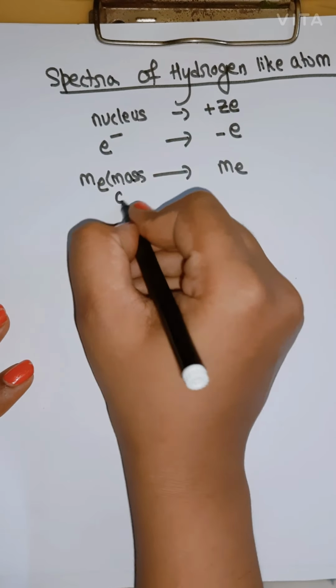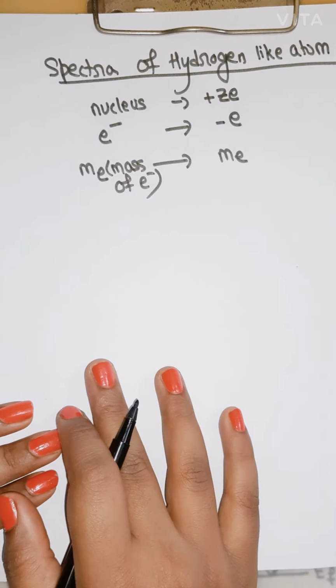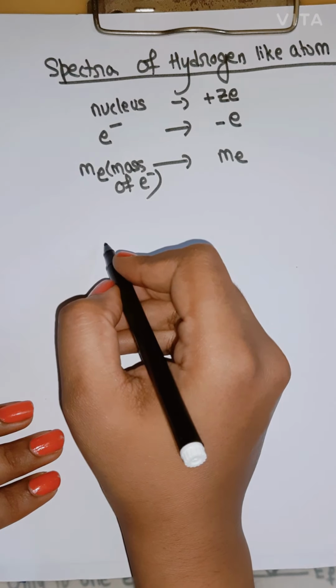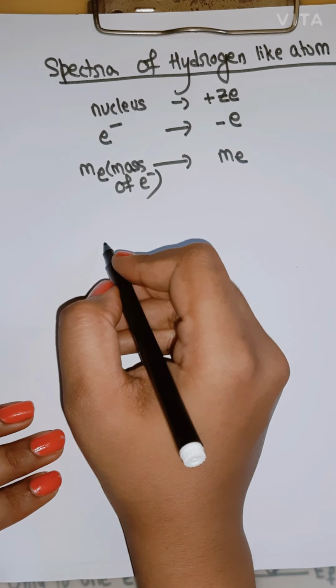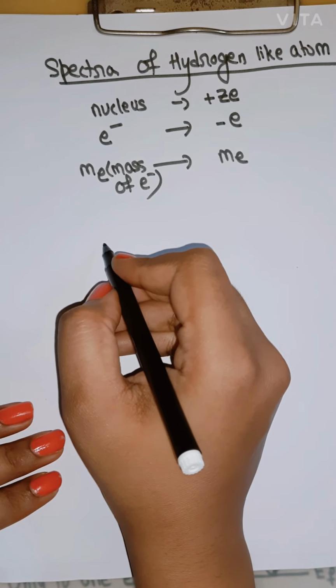Now according to Bohr's theory, the electron revolves in a circular orbit around the nucleus. The required centripetal force is provided by Coulomb attraction between the nucleus and the electron.